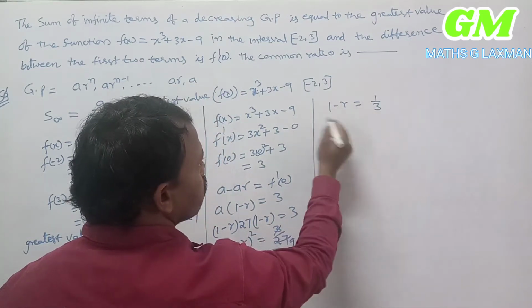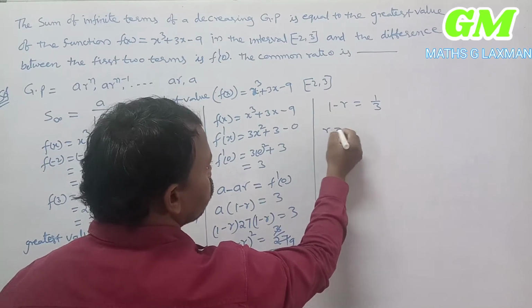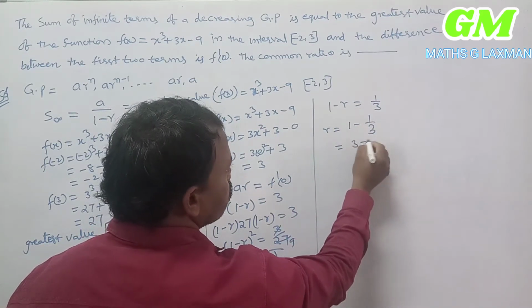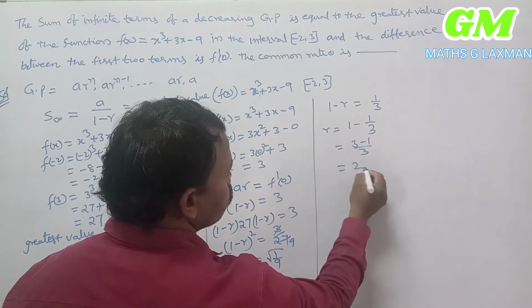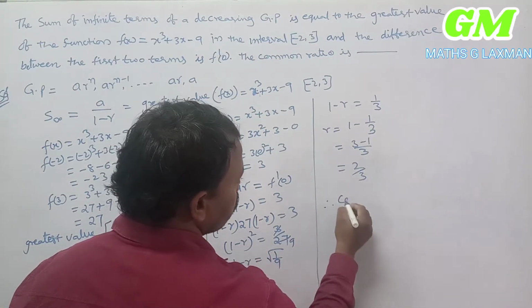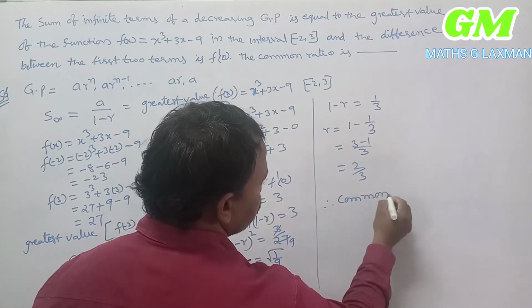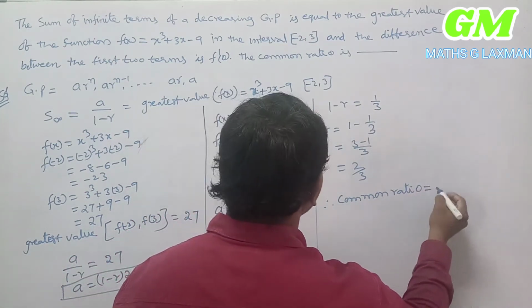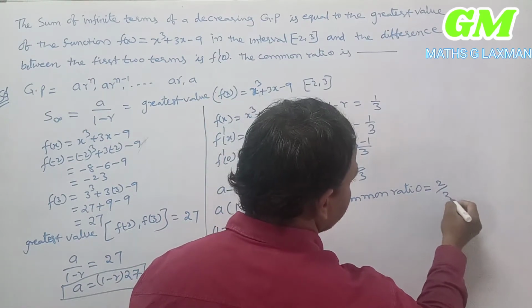Sending it to this side, r is equal to 1 minus 1 by 3, which is 2 by 3. So the common ratio is equal to 2 by 3.